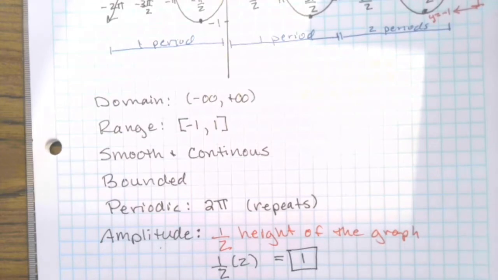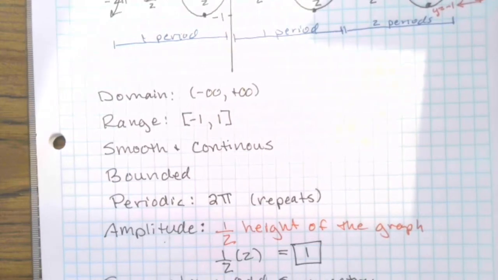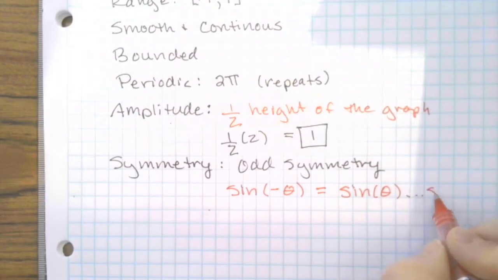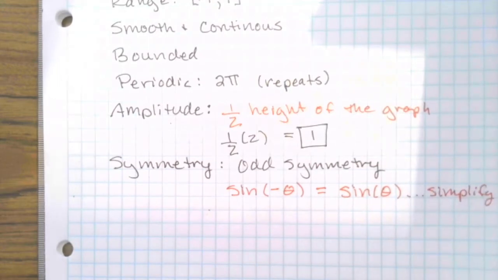Now, algebraically, that means that sine of a negative angle is going to be equal to the negative of sine of the same angle, but the positive one, which helps us when we simplify stuff. So the negative simplifies out because it's an odd function.